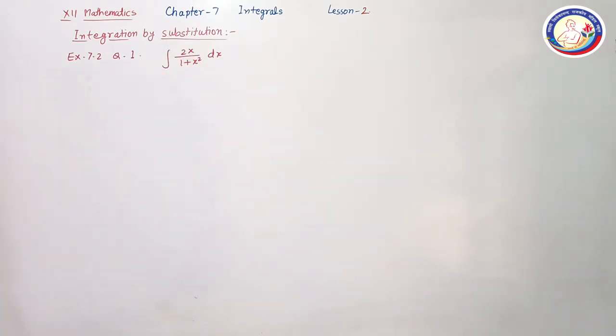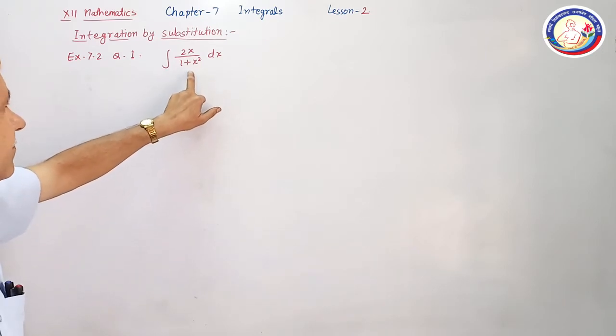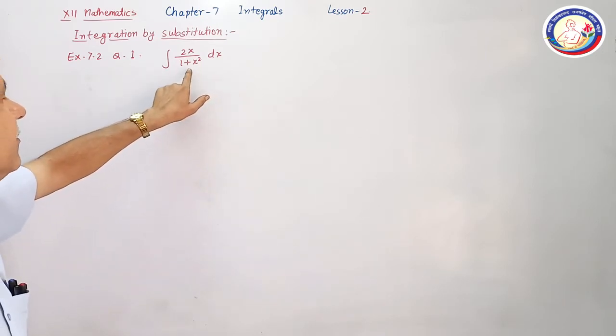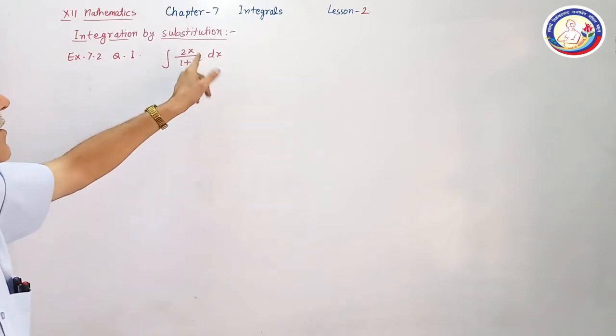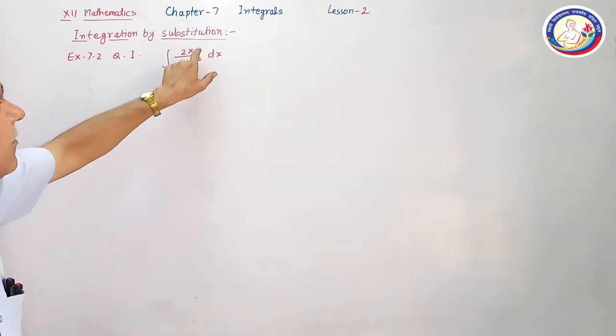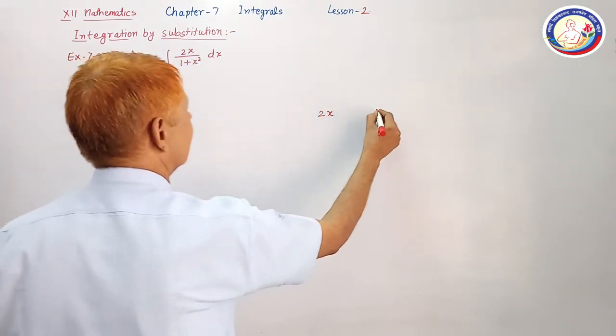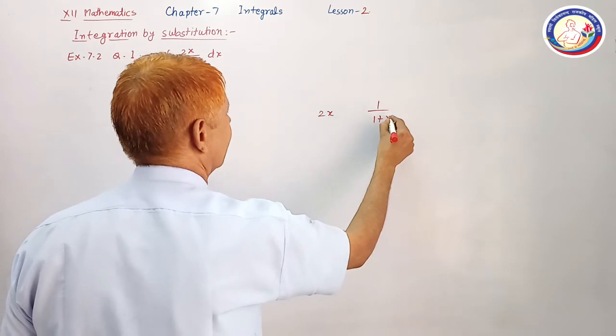This is not in the form of a function which can be obtained by differentiating another function. So if we break it in two parts, the first is 2x and the second is 1 upon 1 plus x square.